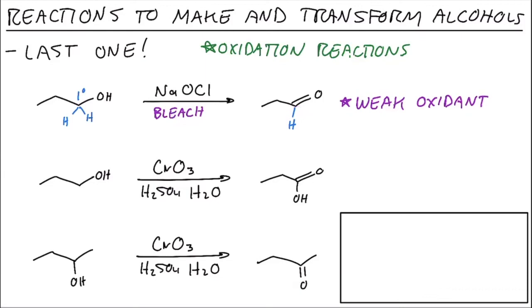So this is a little bit different from our next example, where we're going to take the same alcohol, a primary alcohol with 2 bonds to hydrogen at that same carbon. If we use this stuff, CrO3, which is chromate, in the presence of sulfuric acid and water, this is going to do a much stronger oxidation, meaning that it's going to take away all of these hydrogens that it possibly can and replace them with bonds to oxygen.